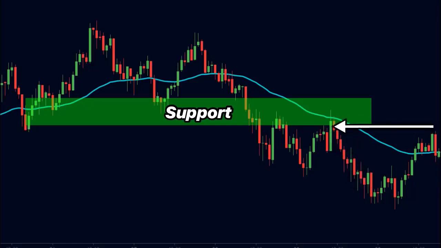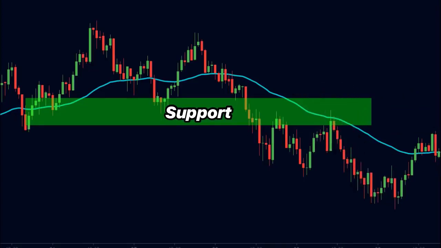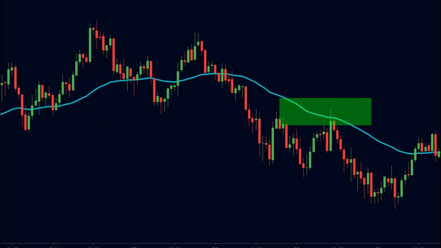So we can sell here. We can keep our stop loss above the resistance level, and we can place our targets at 1.5:1 risk to reward ratio. As you can see, the price comes into this area, finds resistance, and makes a strong down move. We made a profit on this trade.